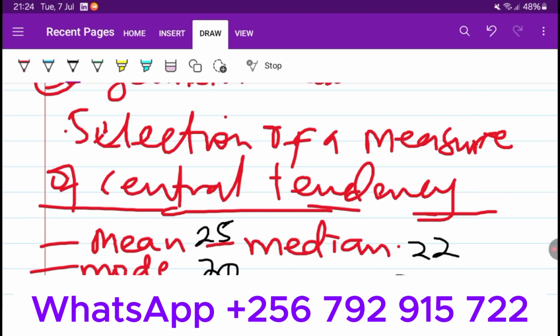So you pick out the measure of central tendency that is going to give you the most representation of the data set in the distribution.